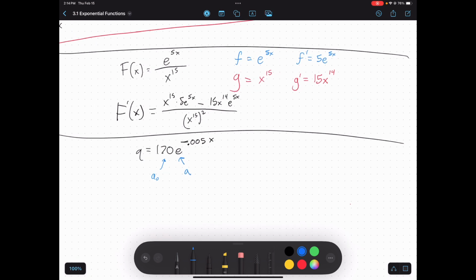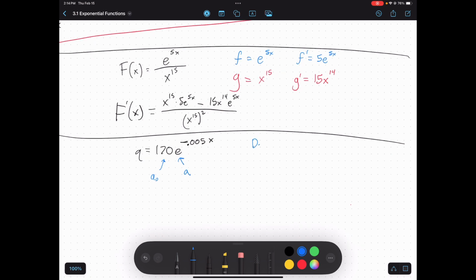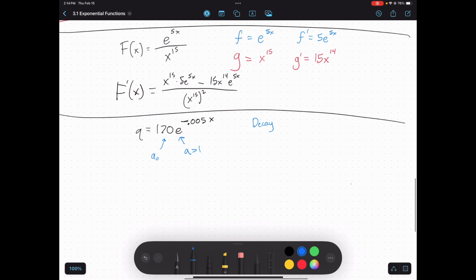Well, this is a good example of something that's decay, even though my base value is greater than 1. e is greater than 1; it's 2.7 something. But because I have a negative up there in the exponent, it's actually a decay function. So what would my derivative be here?